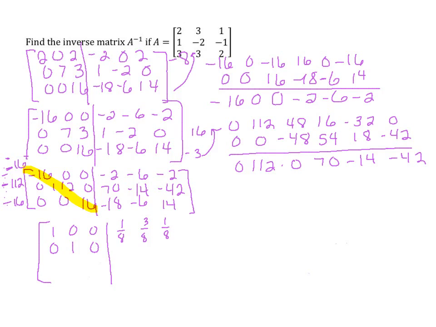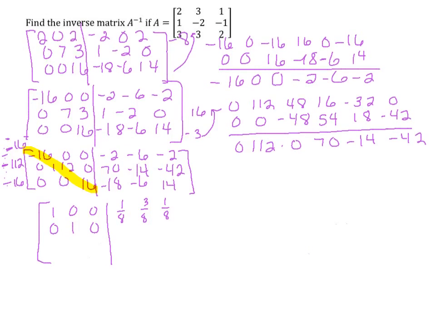70 over 112 is 5/8. -14 divided by -112 is 1/8. -42 reduced over 112 is -3/8. And we'll have 0, 0, 1. -18 over 16 reduces to -9/8. -6 over 16 is -3/8 reduced.